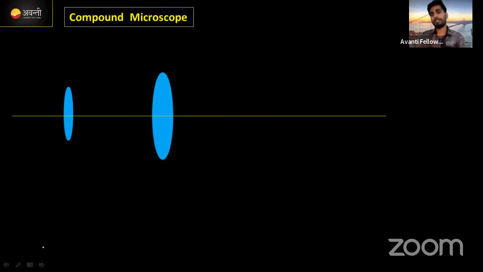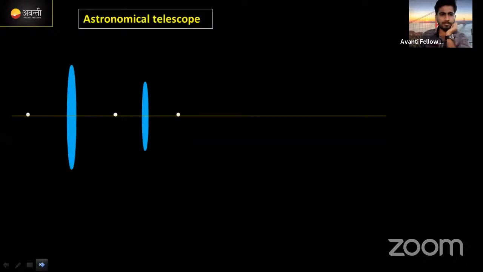What is a compound microscope? Yesterday we discussed this, no? Yes, right. Already we discussed it. Compound microscope already discussed.